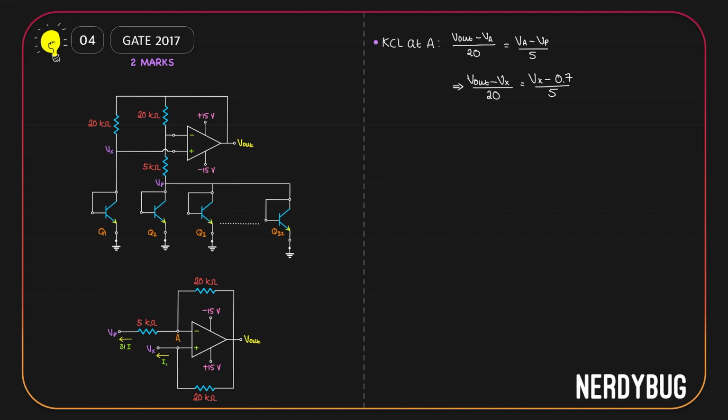Now, the current flowing through the 5 kilo ohm resistor is actually 31 times the collector current I. What is I? I is the collector current of one of these transistors. We can write it as Is e to the power VBE by VT. Now, Vp is the potential these transistors get at the base. At the emitter, they have 0.